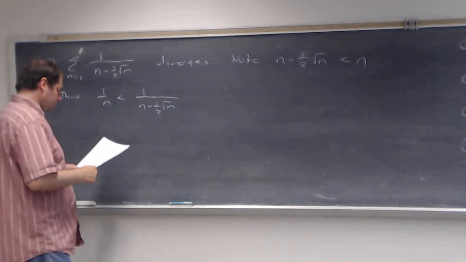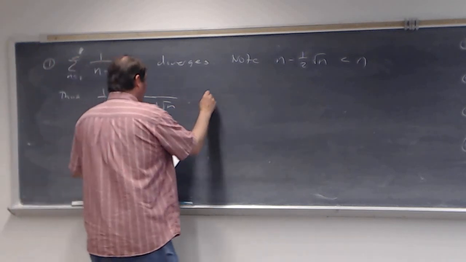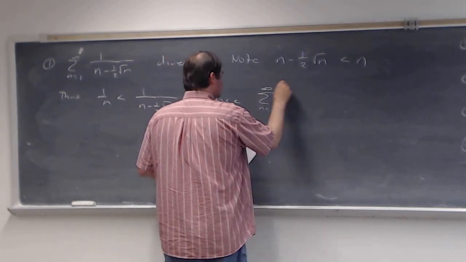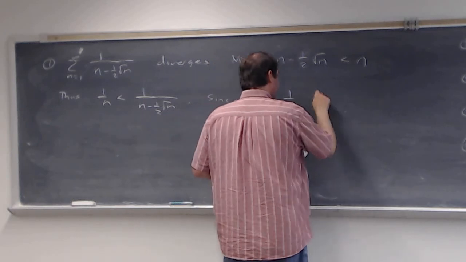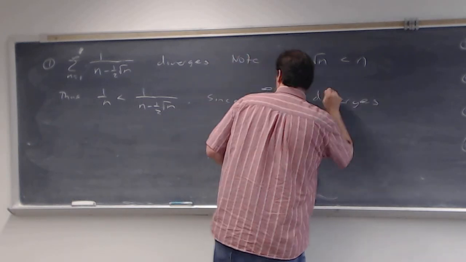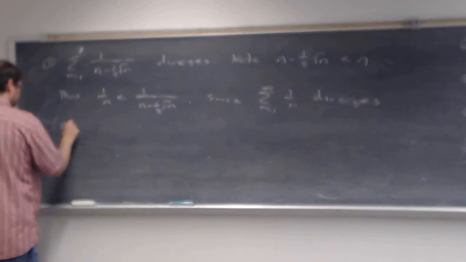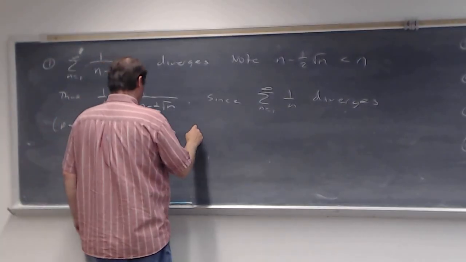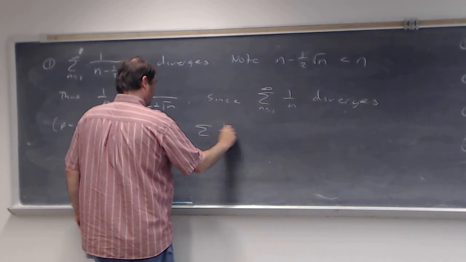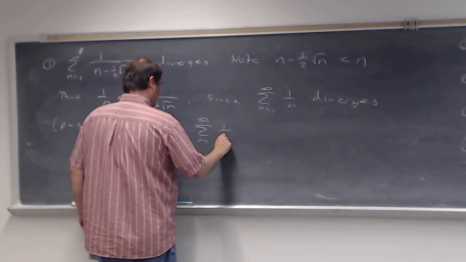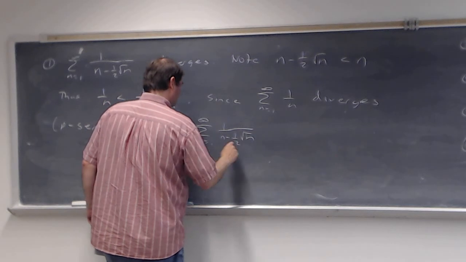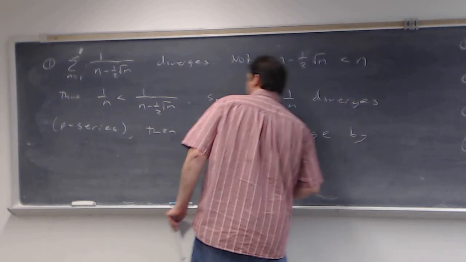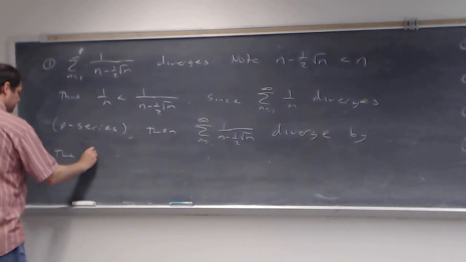Okay, so since the series as n runs from 1 to infinity of 1 over n diverges, and that's by the p-series test, then this sum as n runs from 1 to infinity of 1 over n minus 1/2 times the square root of n will also diverge by the comparison test.